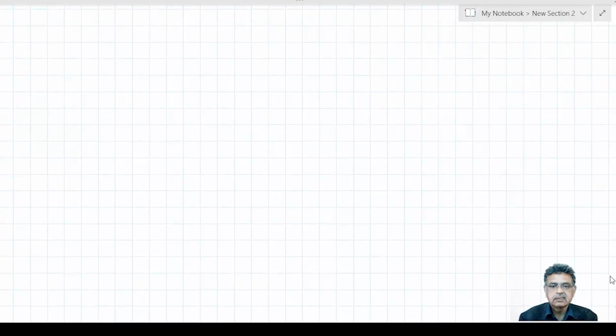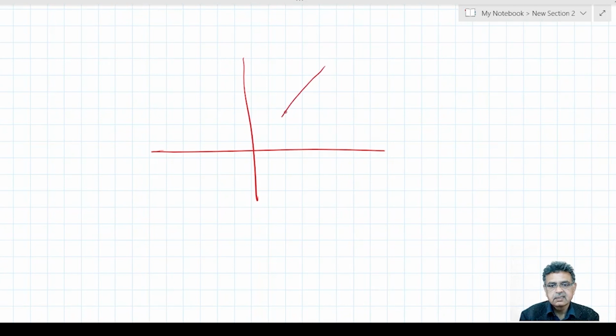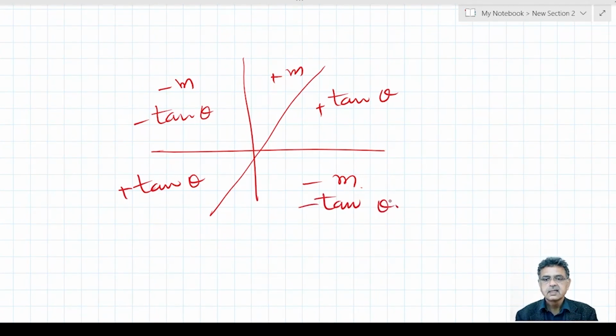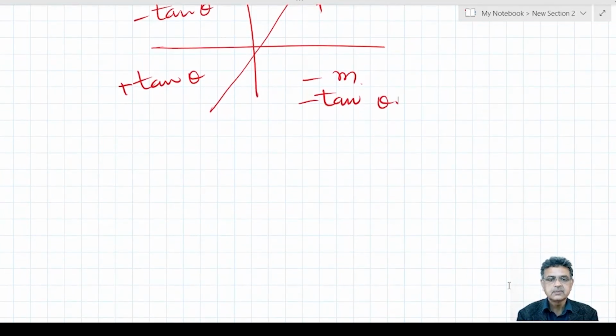And now tangent theta, we have already discussed that tangent theta is positive where the gradient is positive. So tangent is positive in this quadrant and in this quadrant. And the gradient is negative in these two quadrants, so tangent theta is negative in the second and fourth quadrants.